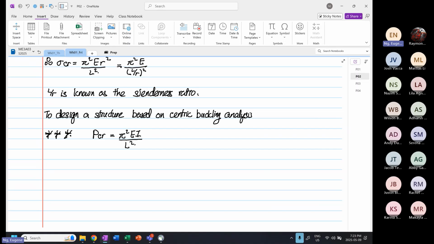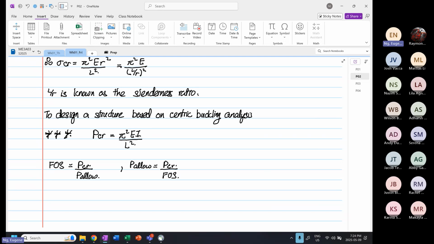From here, usually we have a factor of safety, which is equal to PCR divided by P allowable. So P allowable is equal to PCR over the factor of safety.